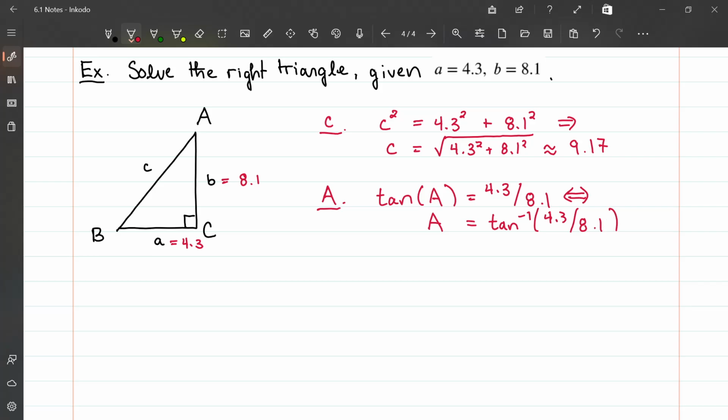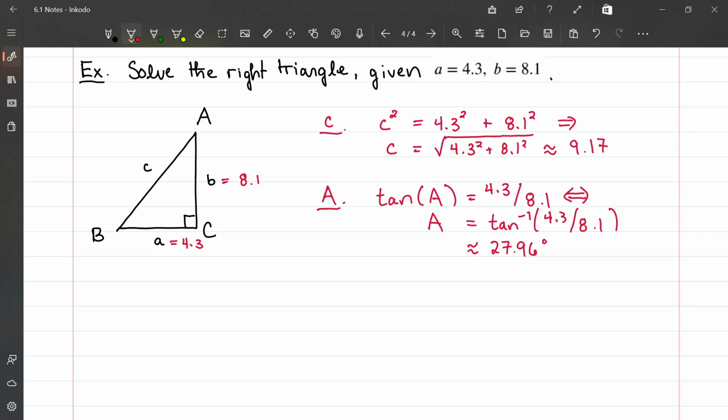And that would be the exact answer. Obviously, that's not our final answer that we'd want to give, so we're going to get the approximation, 27.96 degrees.